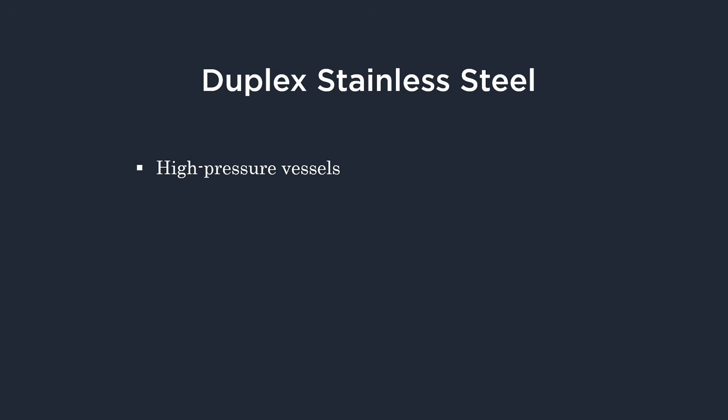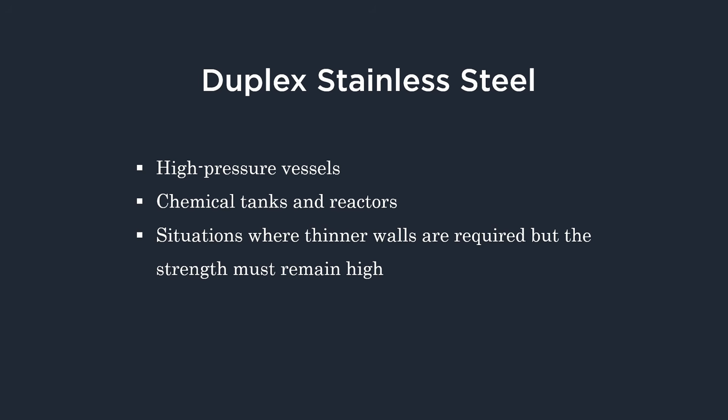Duplex stainless steels are typically used where high strength and corrosion resistance are both needed. For example, high pressure vessels, chemical tanks, and reactors. Situations where a thinner wall is required but strength must remain high.